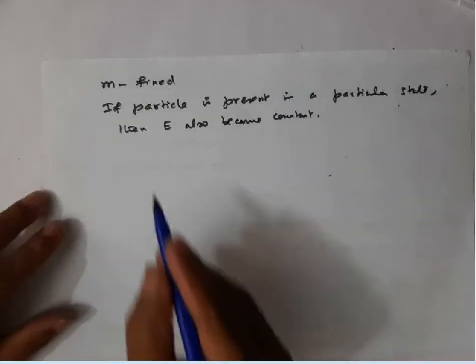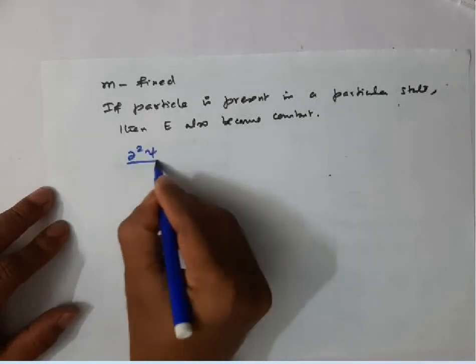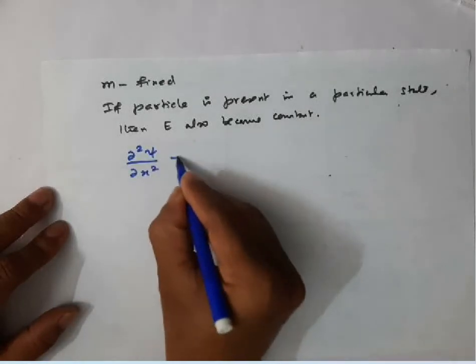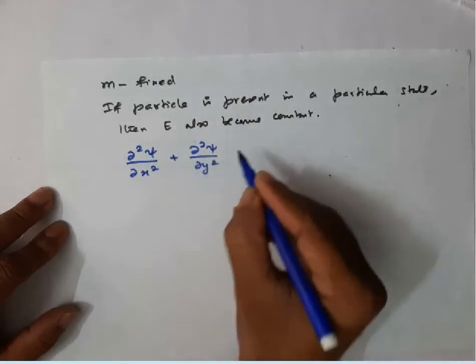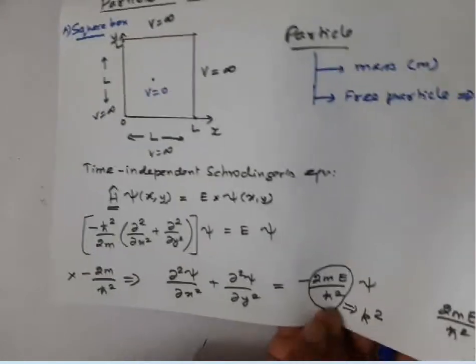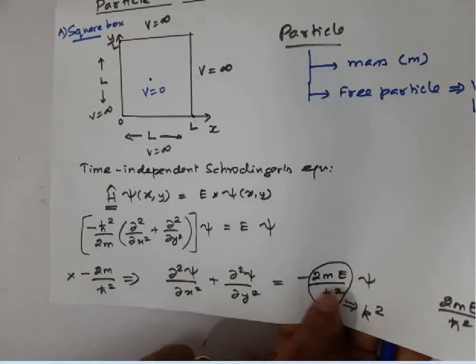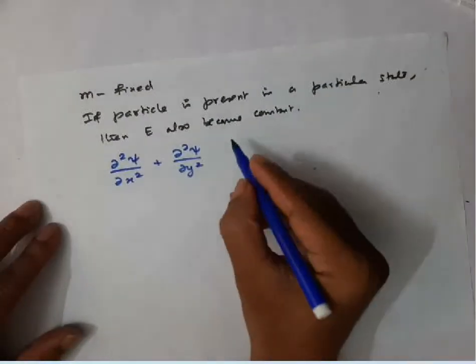Now under this situation we can write the equation: dou square psi by dou x square plus dou square psi by dou y square equals minus k square into psi.